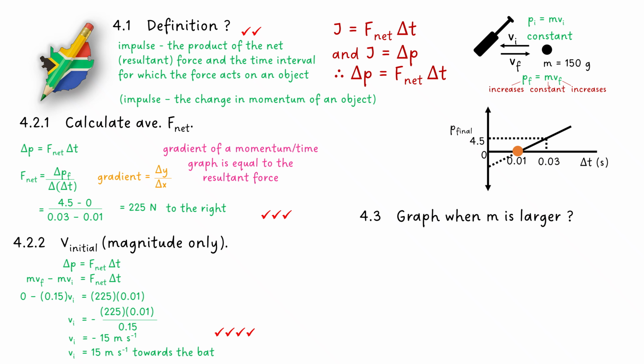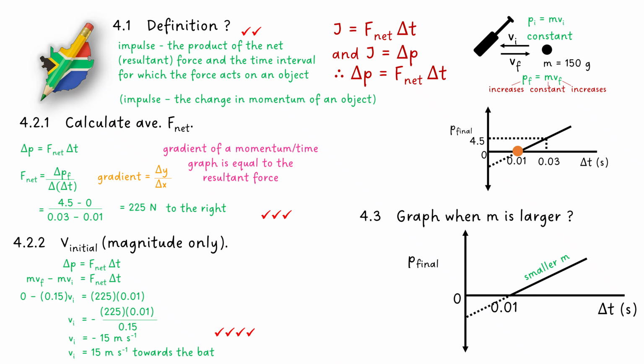Lastly, we must redraw the graph for a larger ball mass. Here is the graph which was given to us, and it is for the smaller mass. And we must draw on these same axes what the graph looks like for a larger mass. We are told the initial velocity is unchanged, as well as the average net force applied by the bat. The only thing that has changed is the ball's mass.